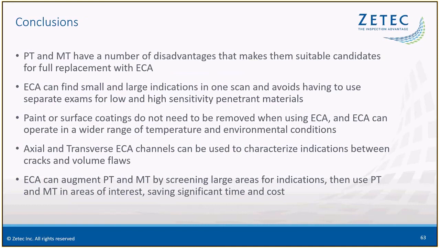And then once you have those special interest areas, you can go in with the PT and MT and do the validation that you're familiar with or have historical record on, or maybe even procedures around doing that. But you can still keep those procedures valid. You just don't have to do as much of it because you've done your initial scanning with the eddy current array to confirm that there's not stuff going on in other areas. So that can end up with also significant savings in time and cost.